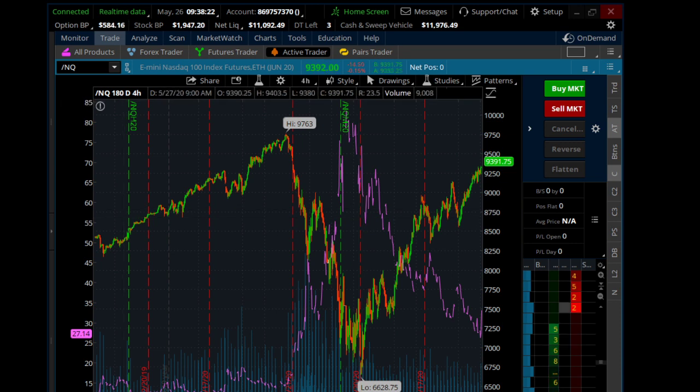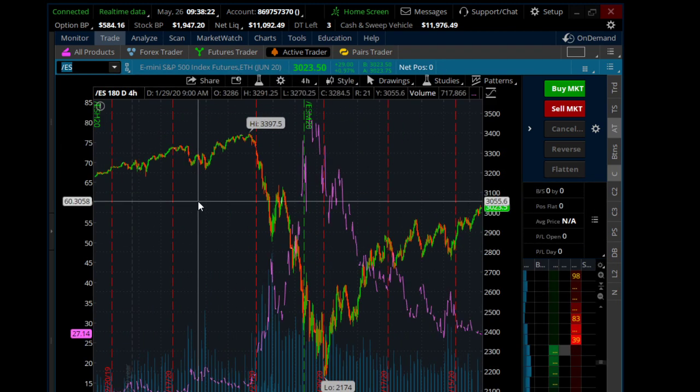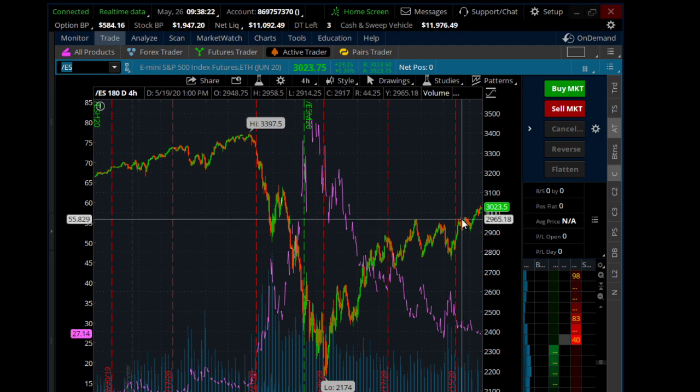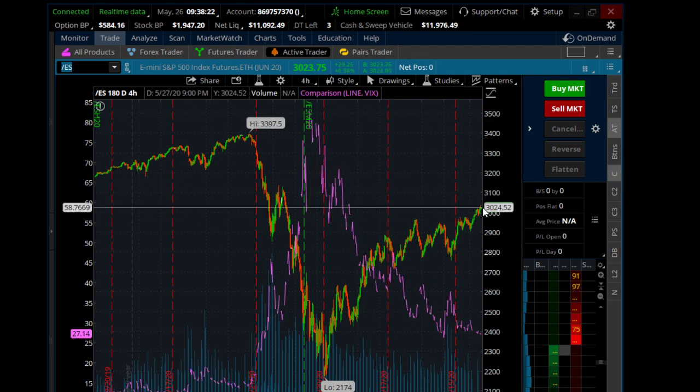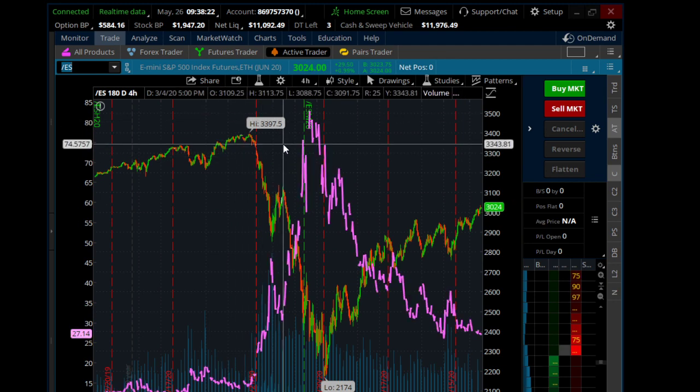Why is that? Well, easy answer to that. The VIX is not based on the NASDAQ. It's based on the S&P. And if we look at actually the E-minis here as a proxy for the S&P, we can see E-minis not nearly as close to taking out the highs as the NASDAQ was. And really, you can see almost a perfect inverse relationship between the E-minis and the VIX in purple here.